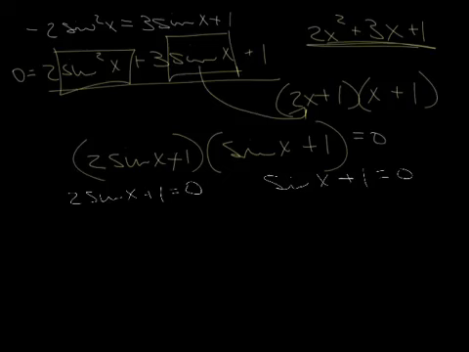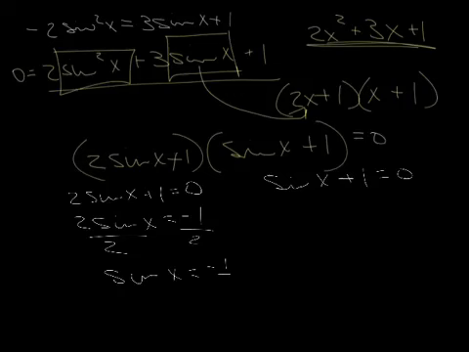So one of those two has to be true. Alright, and then I'm going to divide by 2, so I get sine of x equals negative 1/2, or sine of x equals negative 1. So those are my two options.